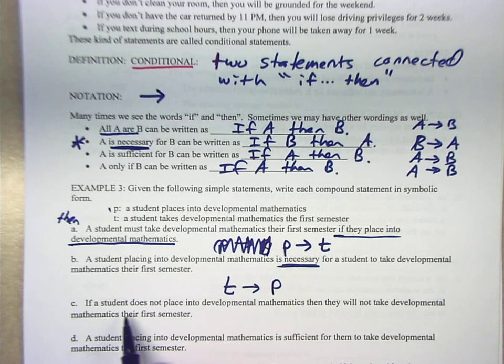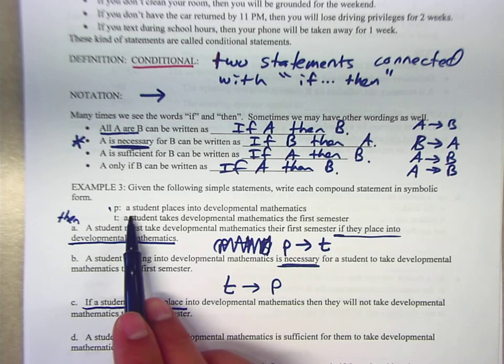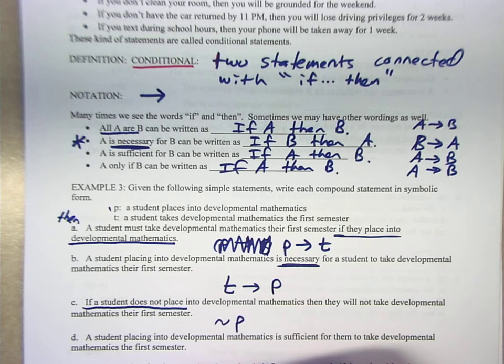If a student does not place into developmental math. This is a lot more straightforward, and this is what you really need to be 100% with. If a student does not place, that sounds like P, but negated, right? So we're going to go negation P, then we have "then," so there's our arrow.